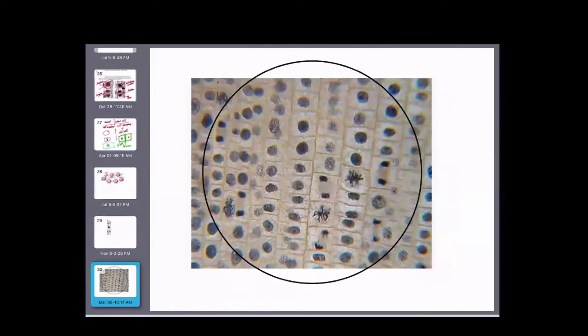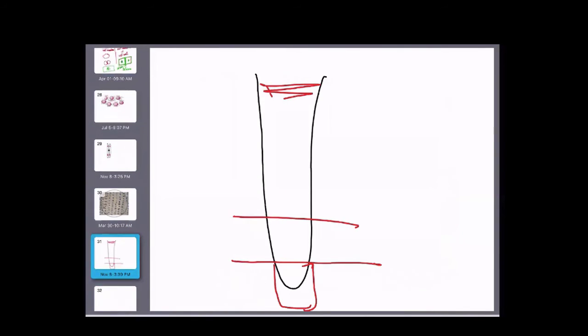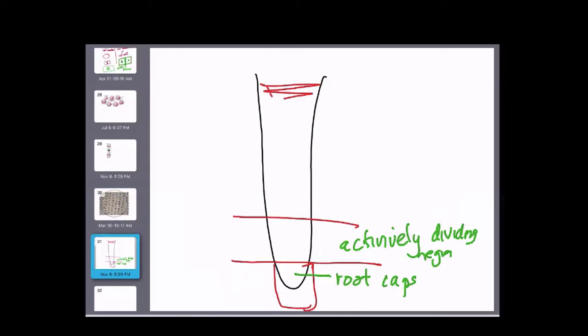If you are looking down a microscope, which is what we would have done in class today, we would have looked at root tips of onions. You would look at roots, because roots have an actively dividing region, and roots also have what's known as a root cap to protect it.